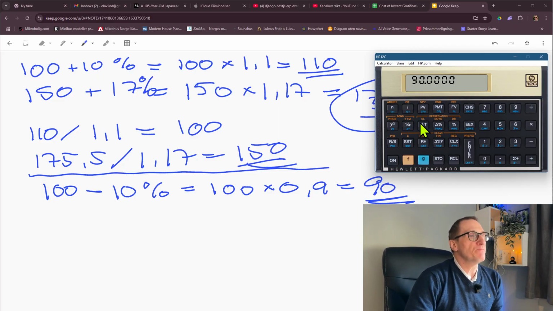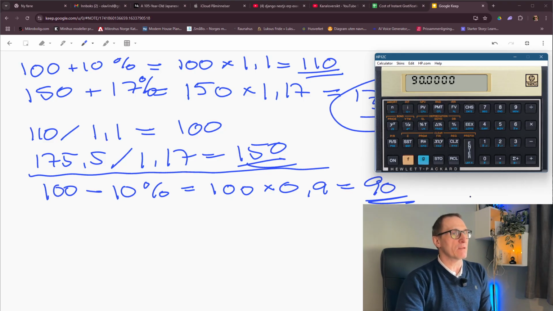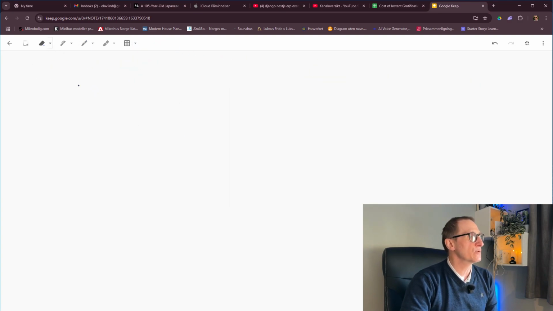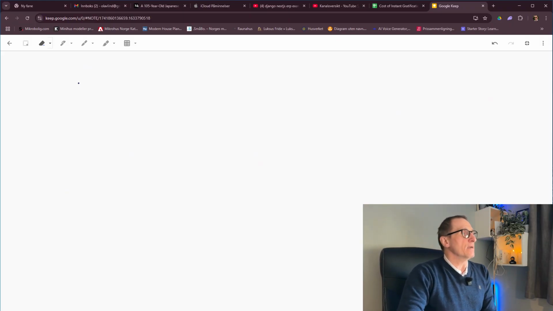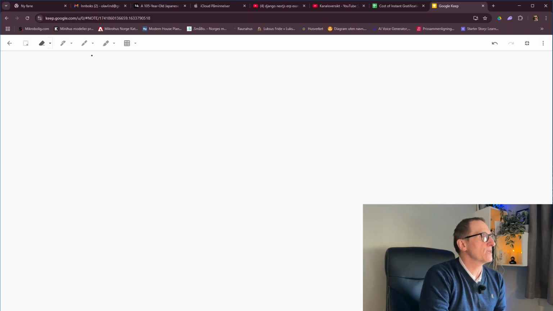Okay, there is one more key on the calculator, and that is delta percent. That means basically the difference in percentage between two numbers. Let's take the same numbers that we already know, 175.5 and down to 150.